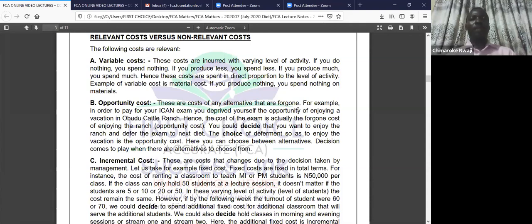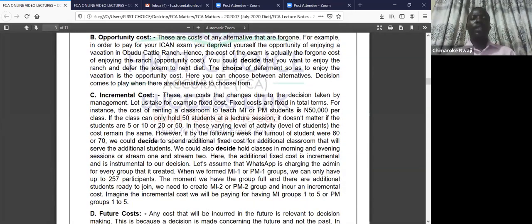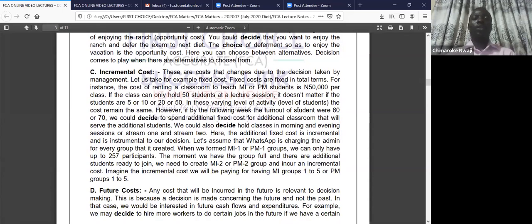Because if you are not doing the number one list, you would have been doing the number two. So the number two list item becomes the opportunity cost for doing the item in number one. So you could have decided to do all of this, but you said, no, I'm going to deny myself the opportunity cost. Third one is incremental cost.